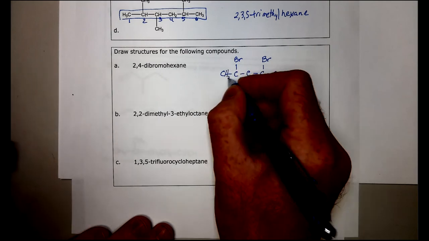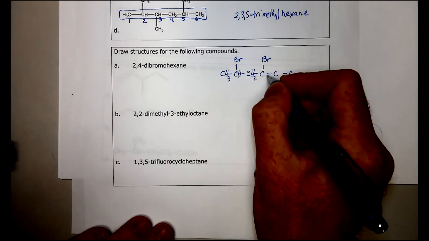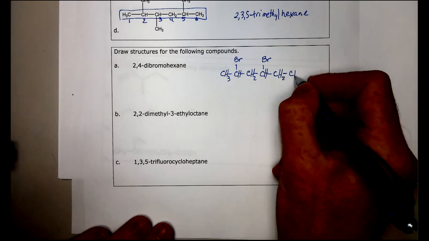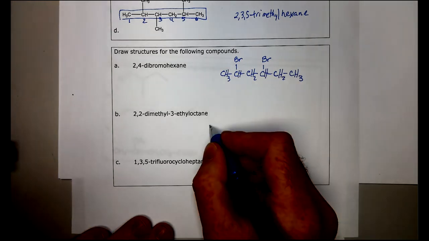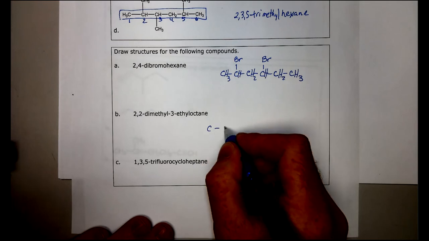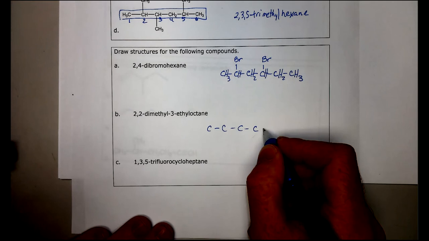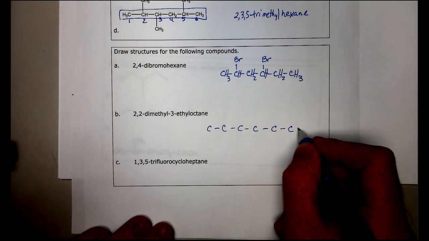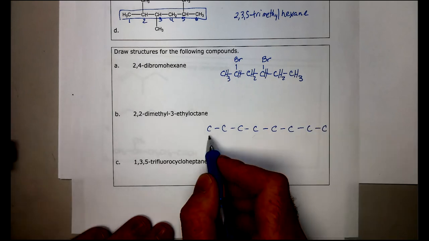So CH3, there's 3 bonds, so that's CH, CH2, CH, CH2, CH3. And we got an octane, so we're going to need 8. 1, 2, 3, 4, 5, 6, 7, 8.